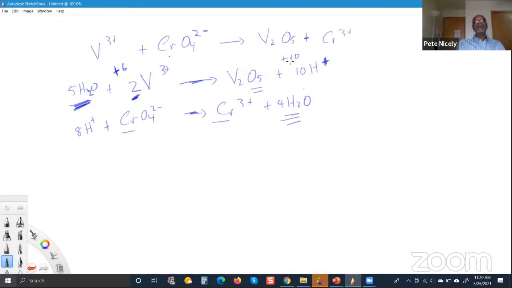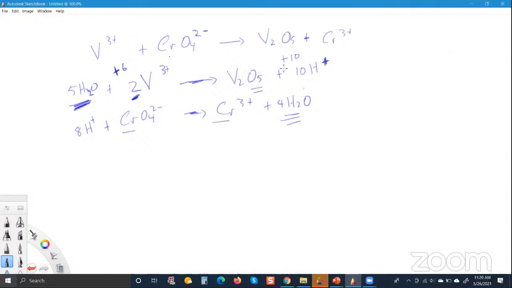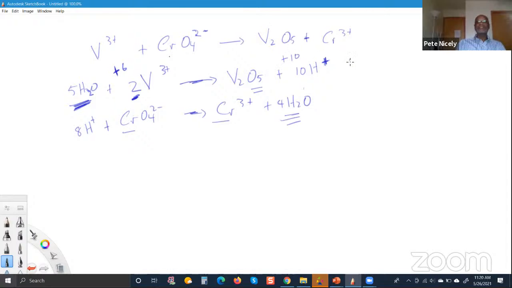So the question now is, to which side and how many electrons would you add? Yeah, +6 on the left, +10 on the right. You could add 4 to the right side. Exactly, 4 electrons to the right side.